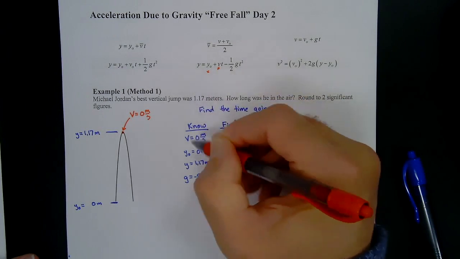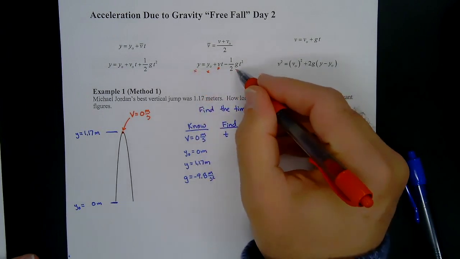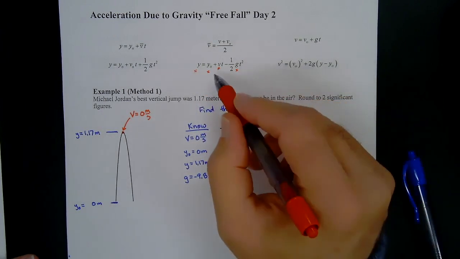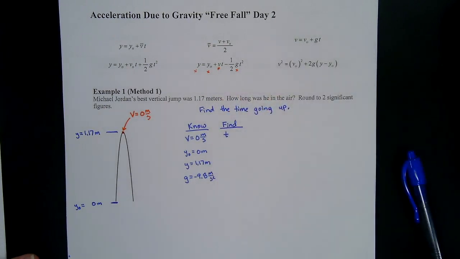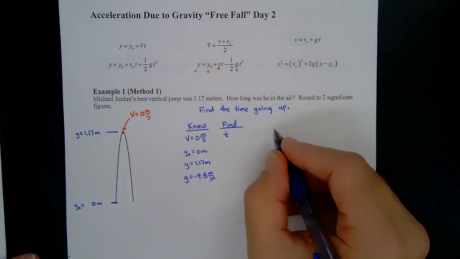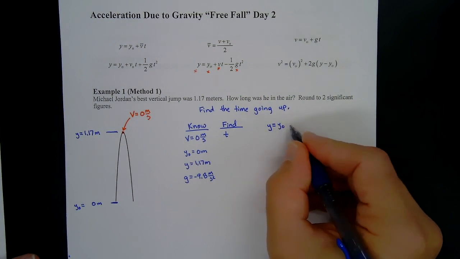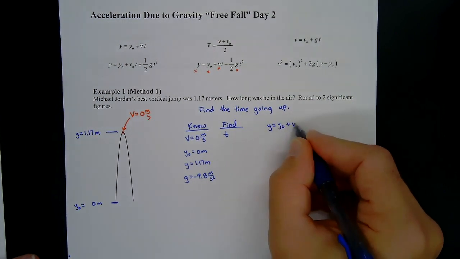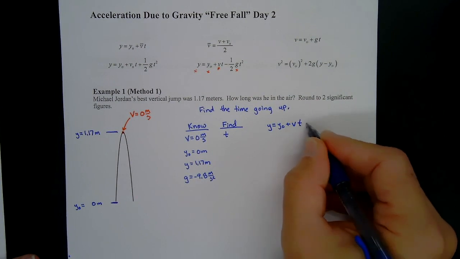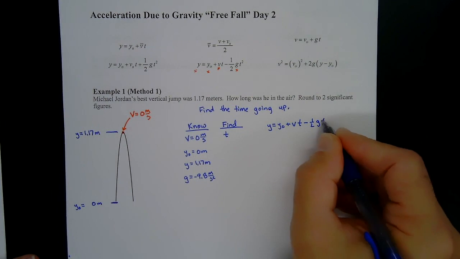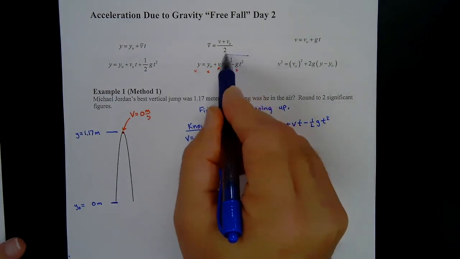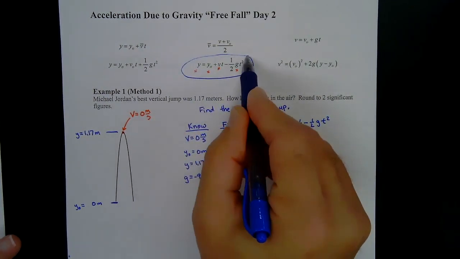We know Y, that's 1.17. We know G, that's negative 9.8. So we're going to use this equation to solve this. I know that I'm going to use Y is equal to Y sub 0 plus the final velocity times time minus 1/2 G T squared. So I'm using this equation right here.